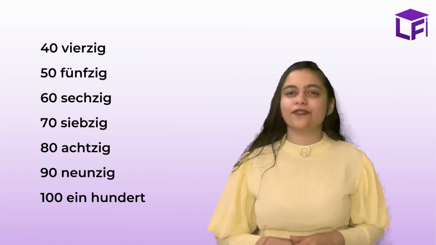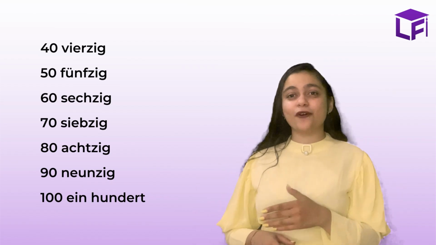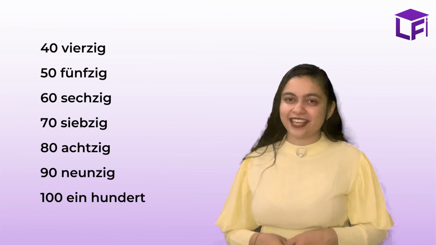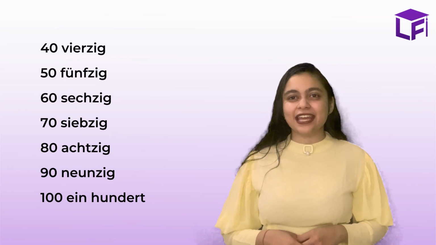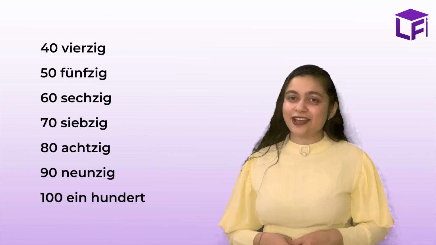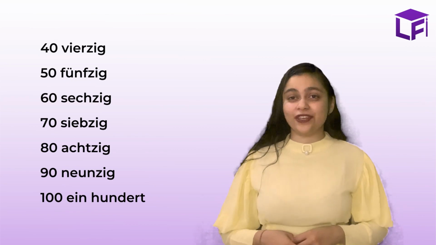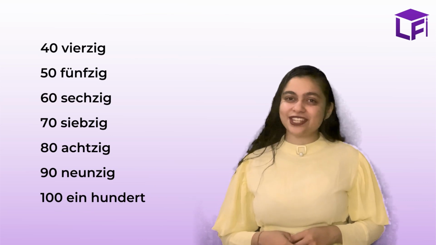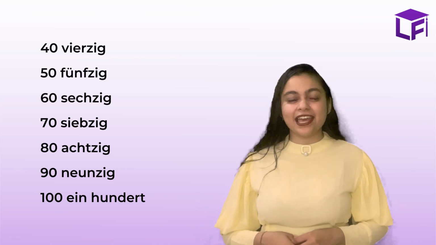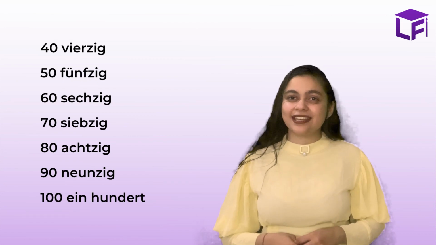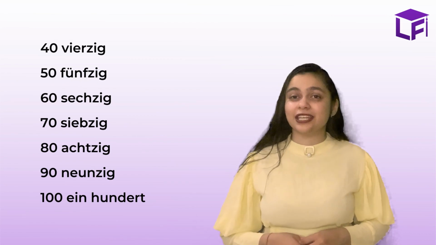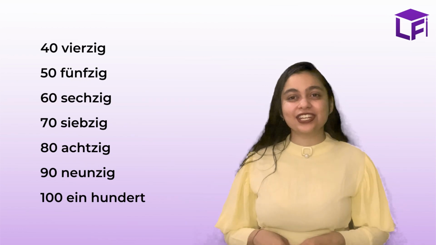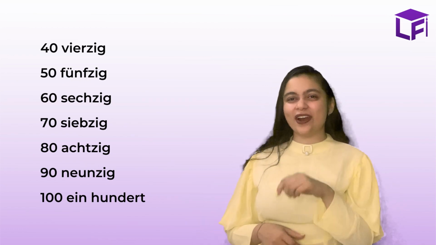Now quickly let's revise how to say 20, 30, 40 till 100. So 20 is pronounced as 20. 30 is 30. 40 is 40. 50 is 50. 60 is 60. 70 is 70. 80 is 80. 90 is 90.